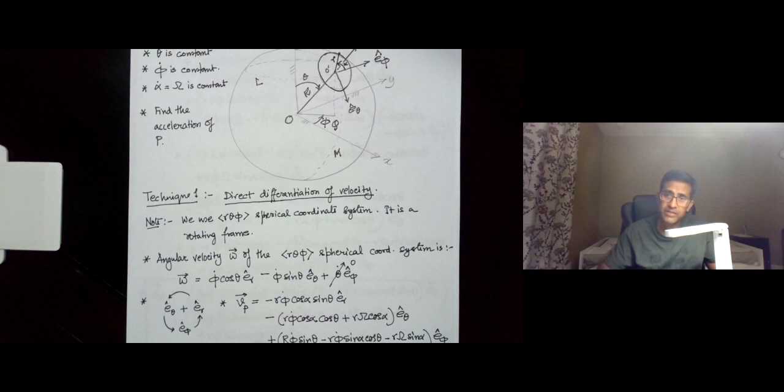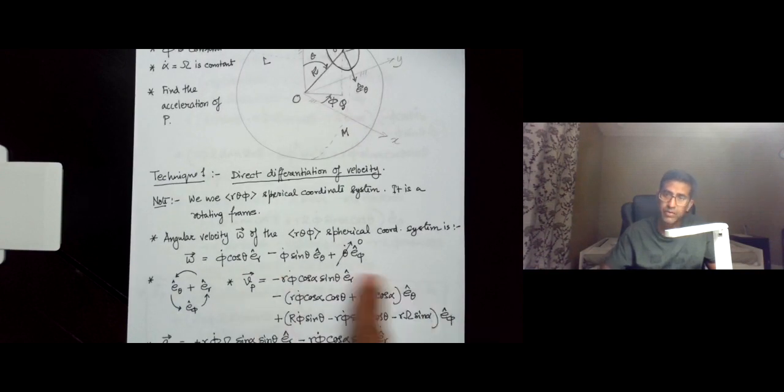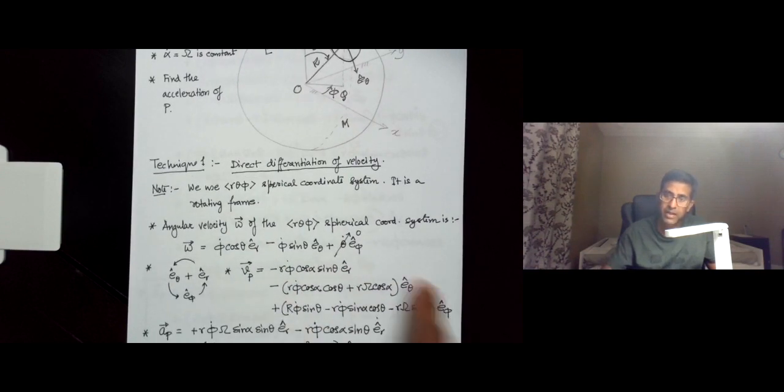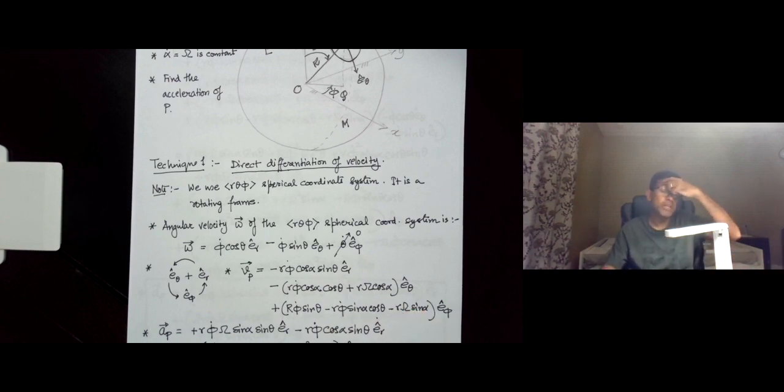Let's say I'm interested to find the acceleration when alpha is equal to 0. I should not take this velocity expression. This was our velocity expression that we started from. I cannot take the approach of substituting alpha equals 0 in this expression and then differentiating, because then I'm no longer treating alpha as a quantity that changes and contributes to the acceleration.